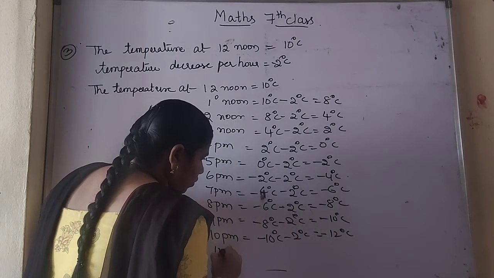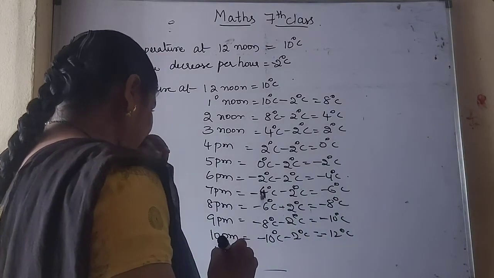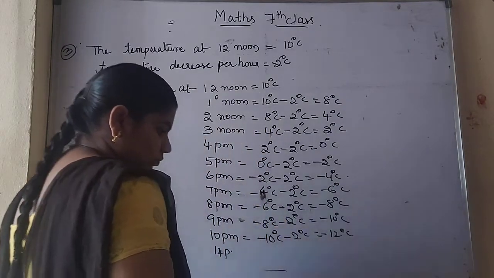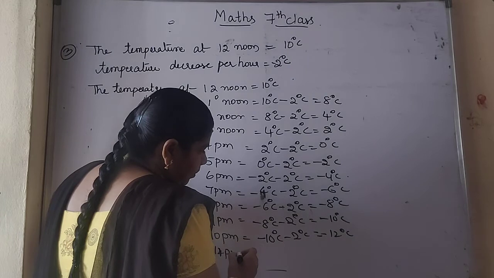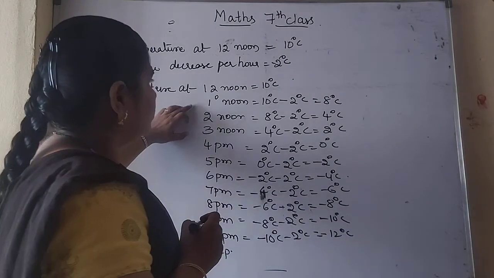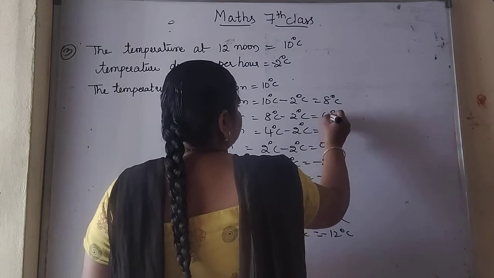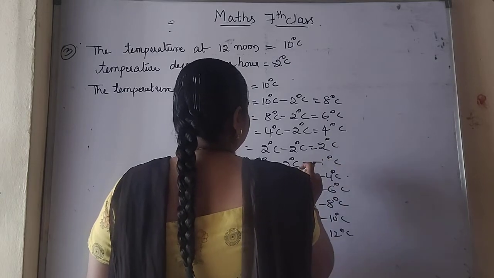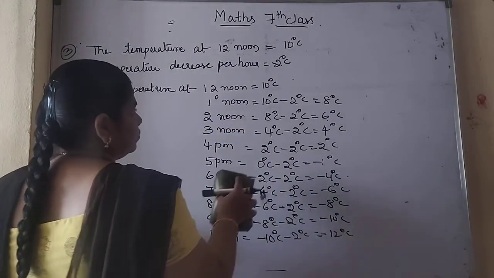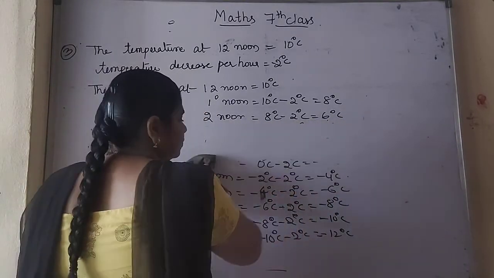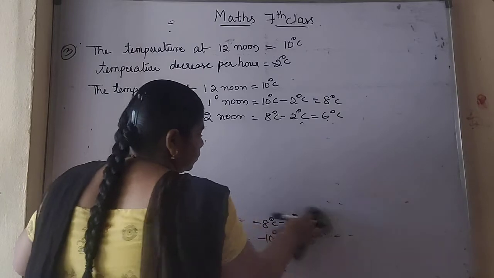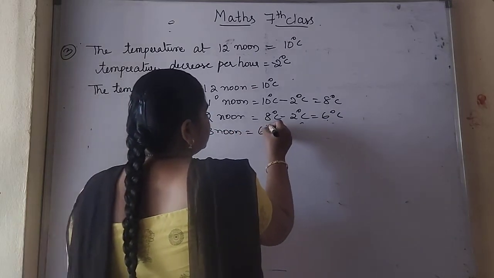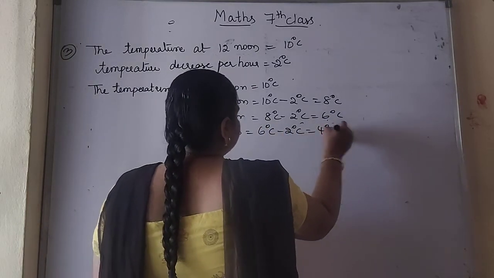Sorry, I made a mistake, let me redo it. So here at 3 p.m., 6 degrees Celsius minus 2 degrees will be 4 degrees Celsius.